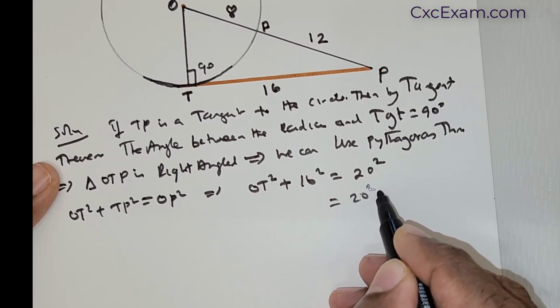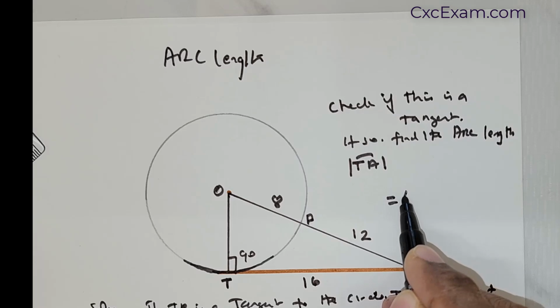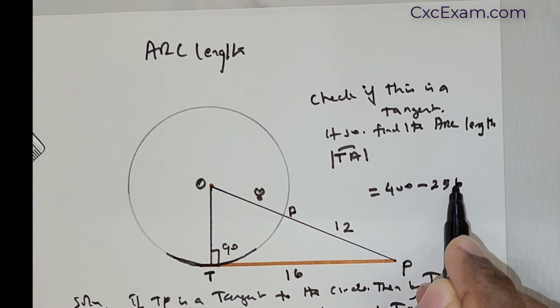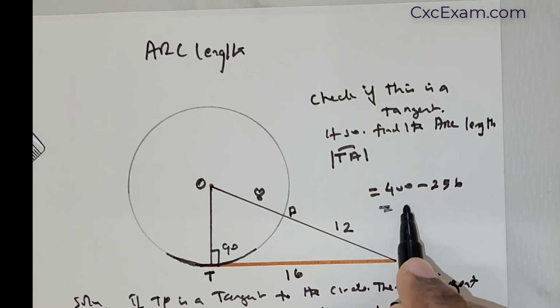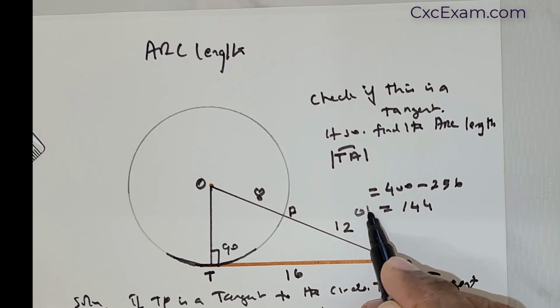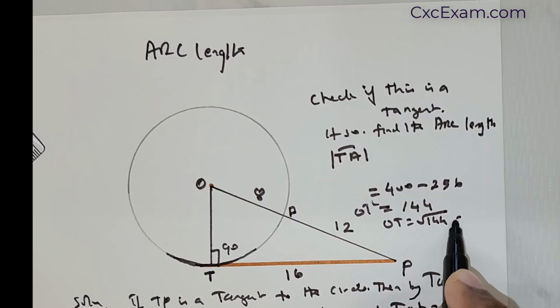Now this is going to be 20 squared minus 16 squared. 20 squared, that's 400. 16 squared is 256. You subtract these two, you get 144. So OT squared is 144. So OT is the square root of 144, which is equal to 12.